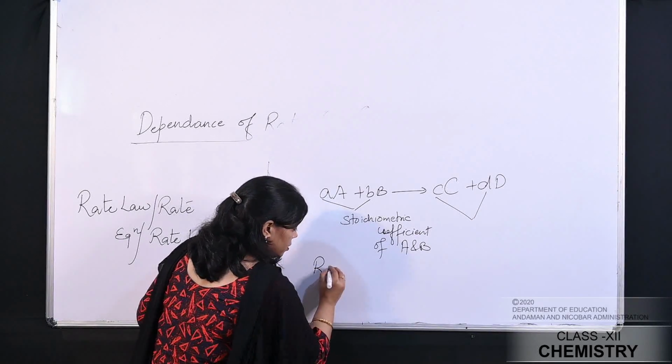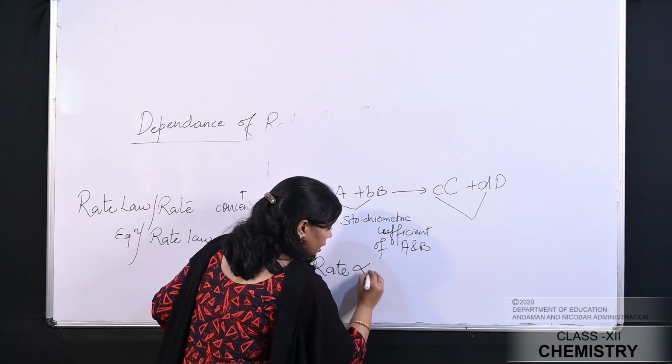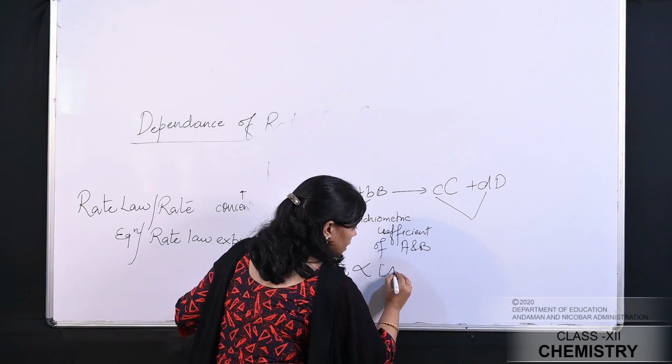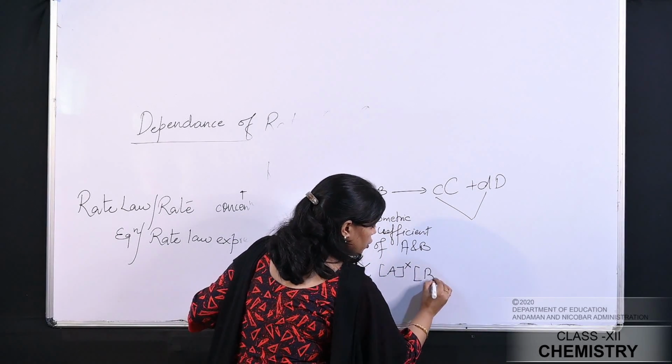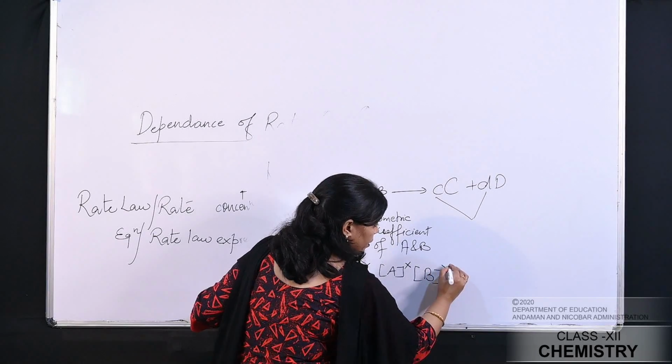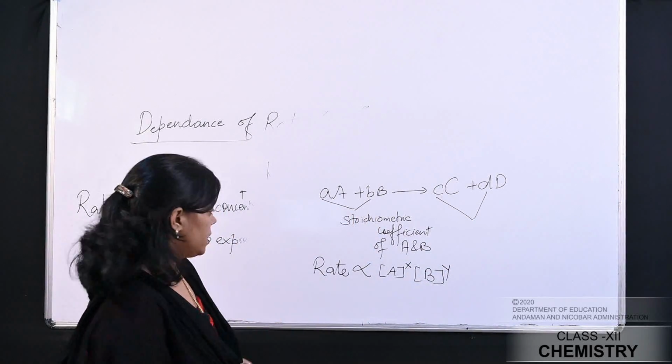The rate is directly proportional to the molar concentration of A raised to power x and the molar concentration of the reactant B raised to power y. This is the equation.